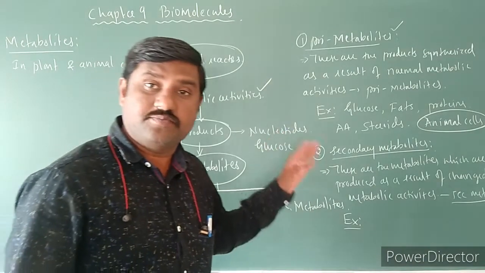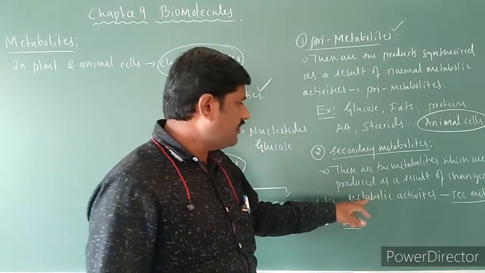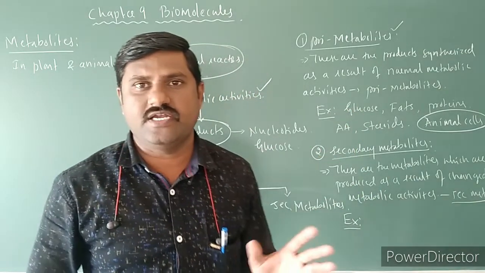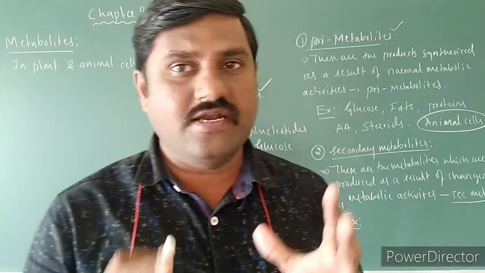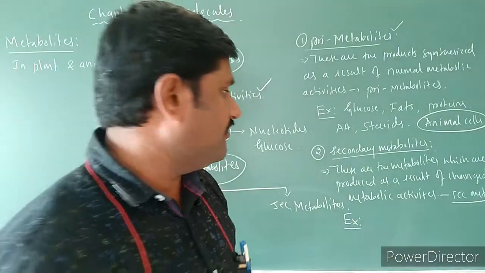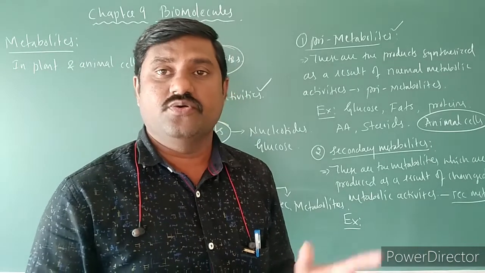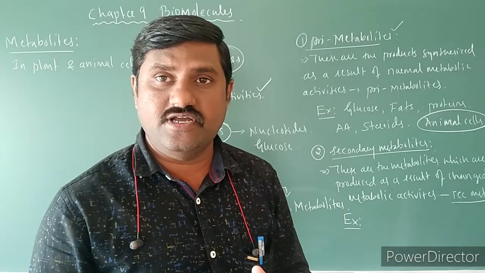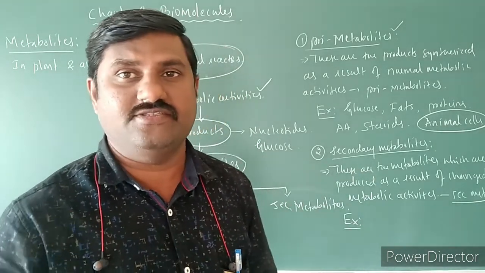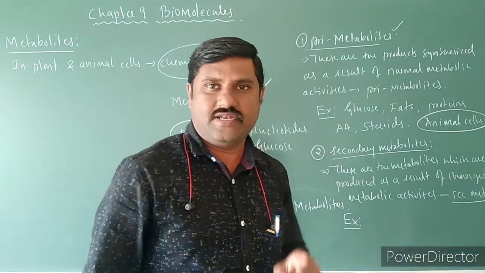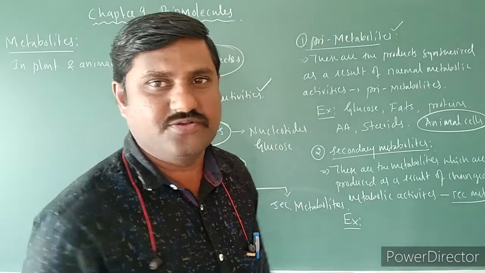But in the case of some plant cells, such changed metabolic activities are happening continuously. As a result of which many products have been produced, and such products which are produced as a result of changed metabolic activities are said to be secondary metabolites. I hope it is very clear to you now.